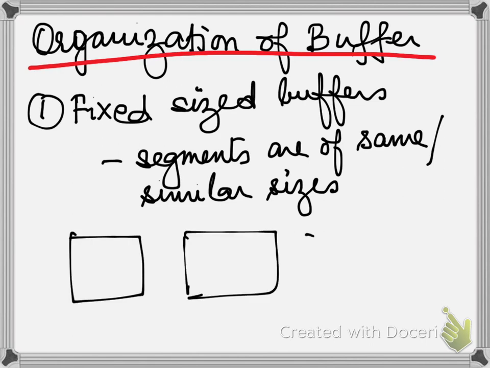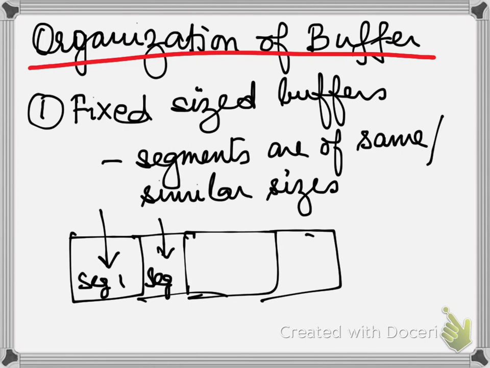Each of these buffers can be of the same size, and in one buffer you will have one segment. Every buffer will have one segment, and so on. So this is useful only if your segments are of the same or similar size. If the segments vary in size, this may not be a very good choice.